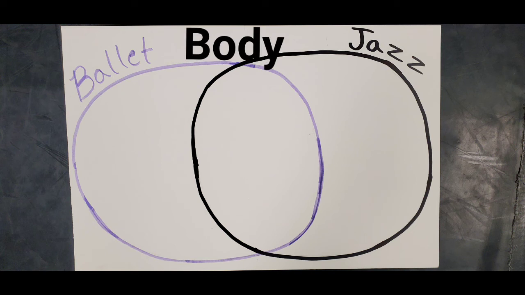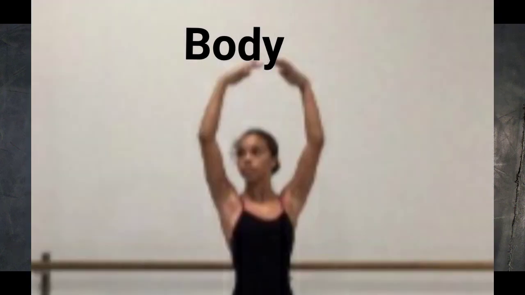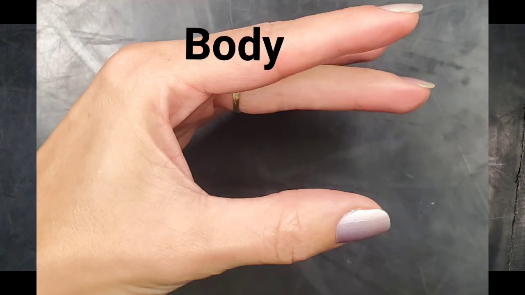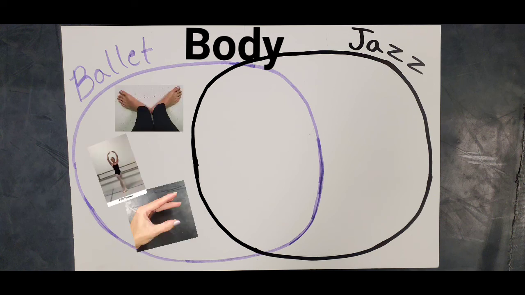In ballet, we use turned out feet, rounded arms, and rounded fingers. Where do you think these would go in our Venn diagram? If you guessed the purple circle labeled ballet, you're correct.